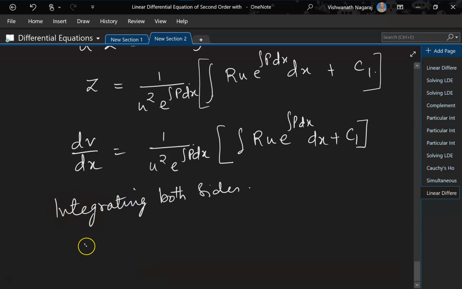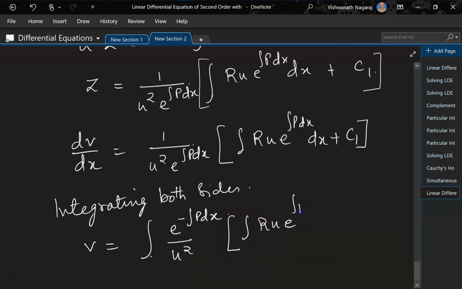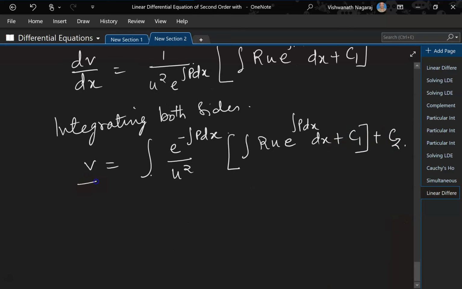So integrating dv by dx, we get v is equal to the integral of e to the power of minus integral of p dx, if we bring it to the numerator, divided by u square, within brackets the integral of r u e to the power of integral of p dx dx plus c1, plus, since we have integrated it again, c2. So this is v.